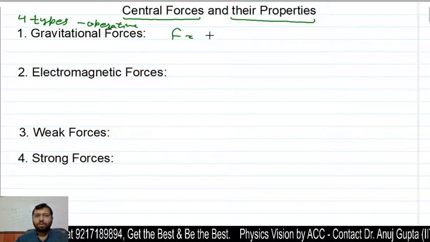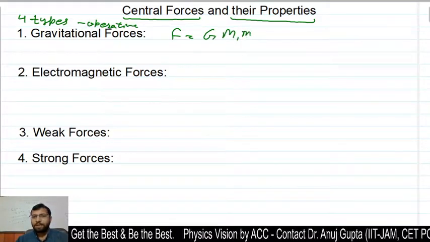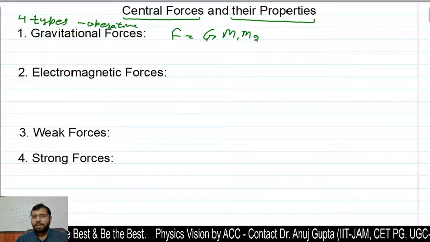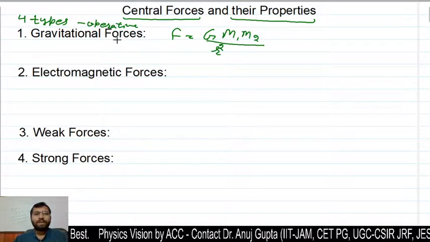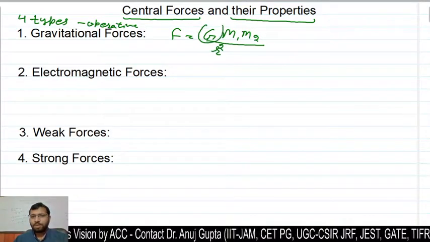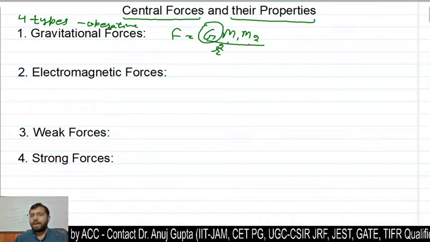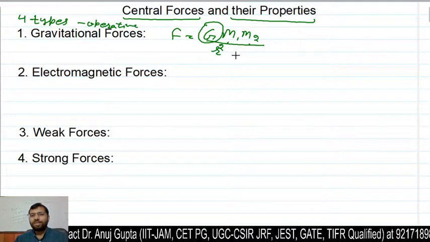As we already know that Newton's law of gravitation says G m1 m2 by r square. This introduces the force of gravitation. This capital G is a universal constant. These m1 and m2 are two masses which are applying gravitational pull on each other.